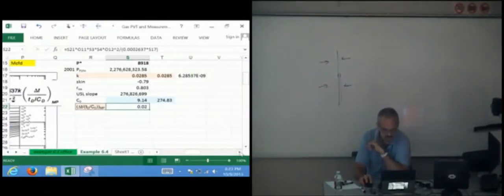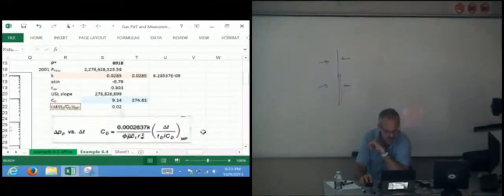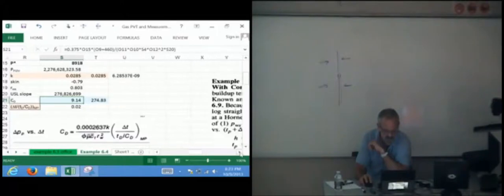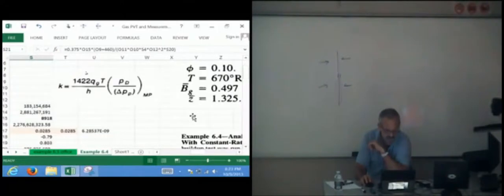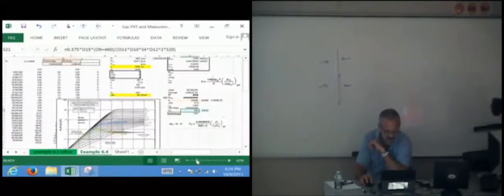Did I finish this? Where's my... okay, it should be phi mu c sub t r_w squared divided by 0.000267k. See, I am getting a totally different number for here. So where is my C sub D equation? I probably parked it, thinking I was done with it.